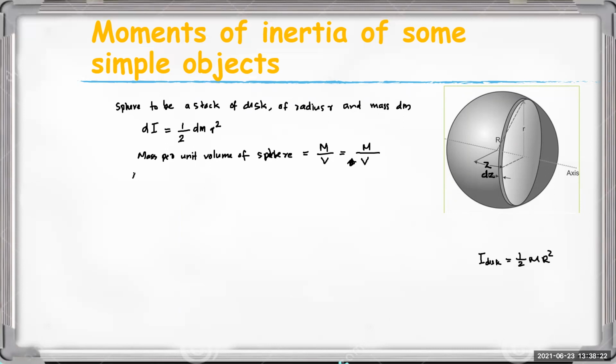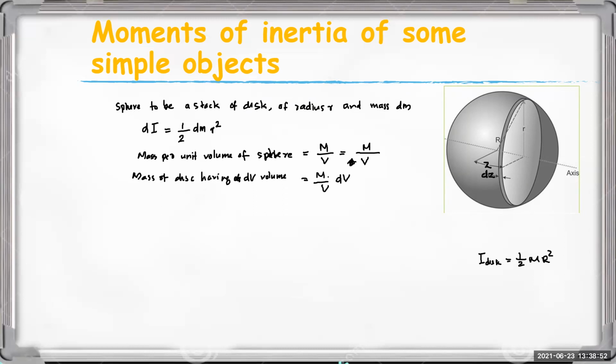Then the mass of a disk having volume dV is equal to M by V into dV.